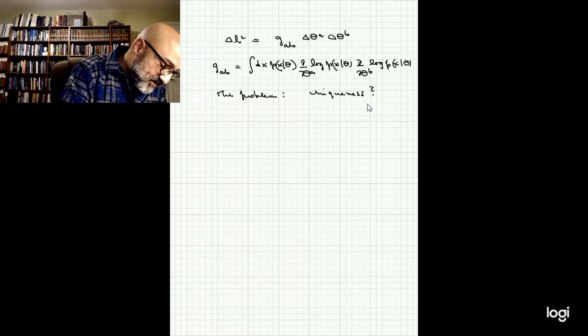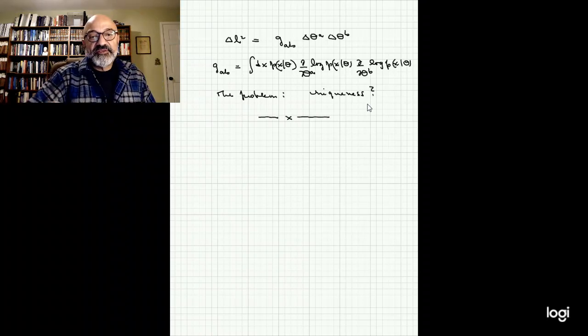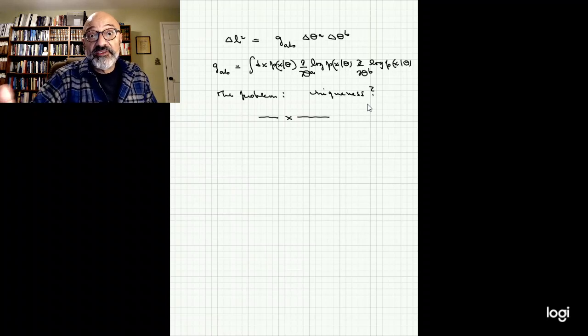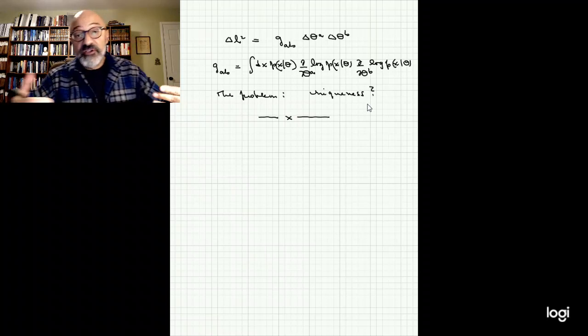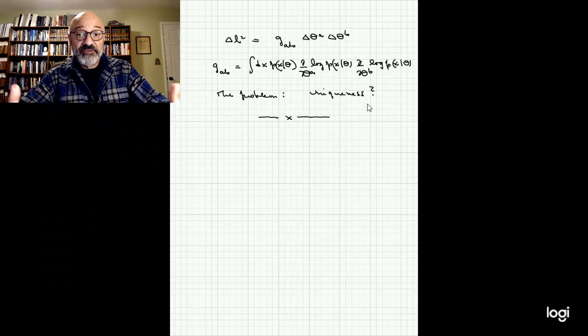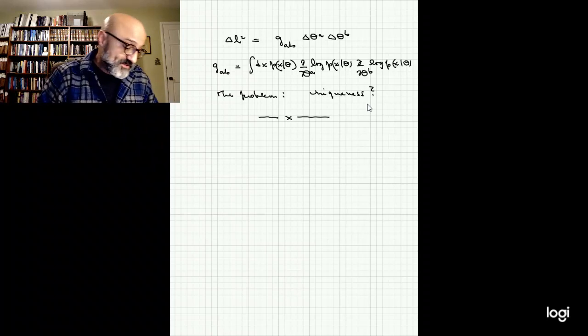So what we're going to do is derive this metric tensor from a different direction, which also will give you some intuition about how this actually behaves.